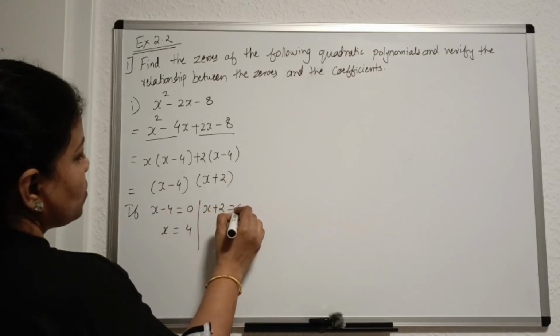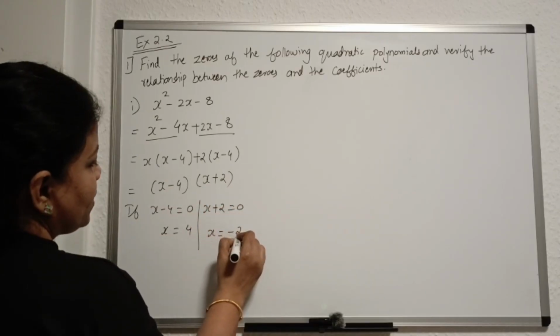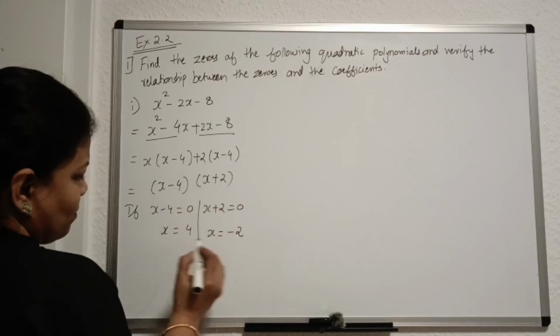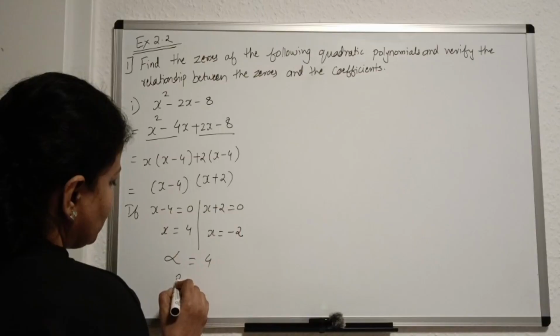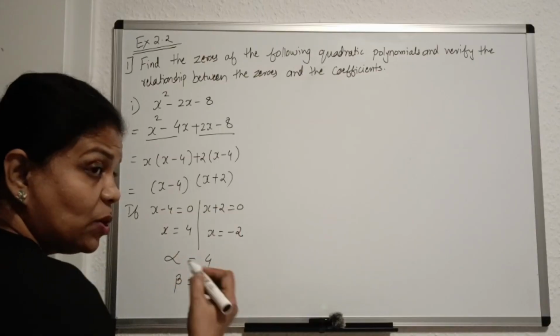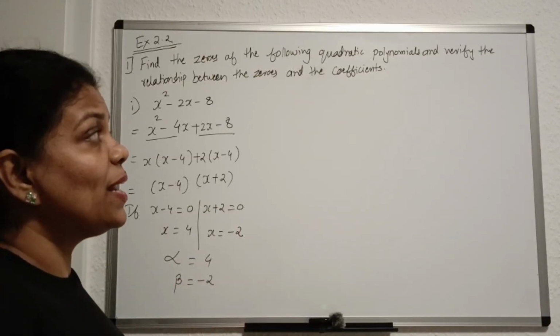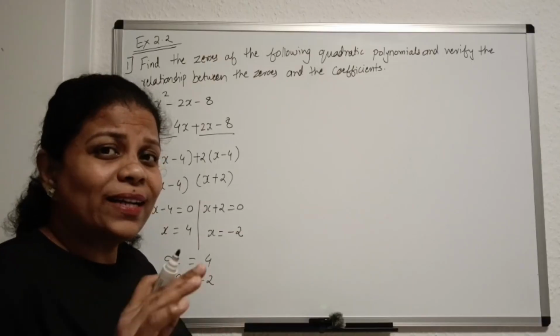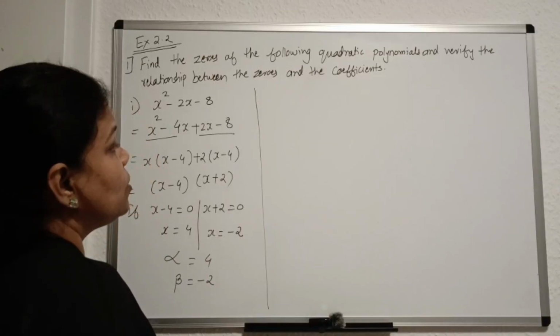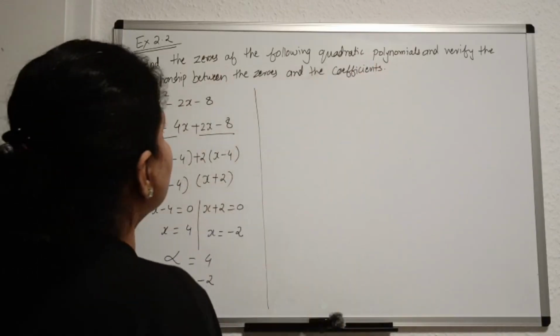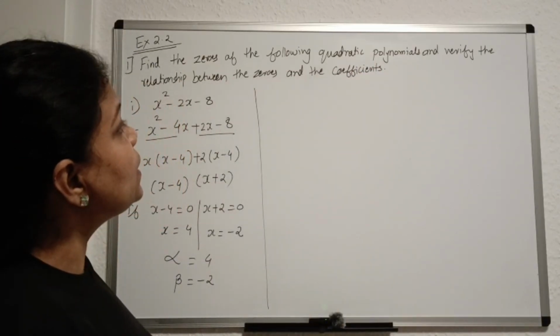If x plus 2 is equal to 0, x is equal to minus 2. So you can write let alpha be 4 and beta be minus 2. As we know, a quadratic polynomial has two roots, alpha and beta, that we are assuming. So we are done with the first part of the question, that is finding the zeros.